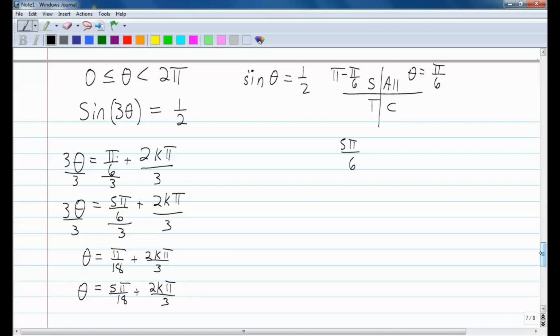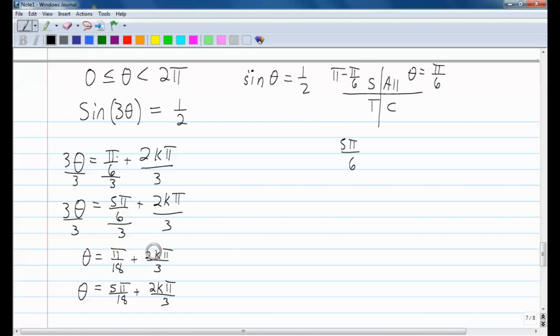Now, I want all the answers between 0 and 2 pi that would satisfy these two equations. So what I have to do is I have to let k equal different integers and see how many answers I can generate between 0 and 2 pi.